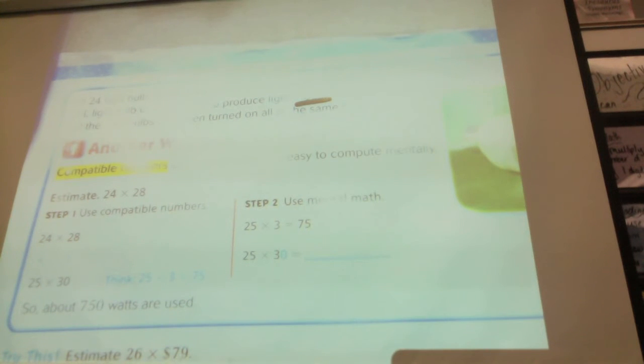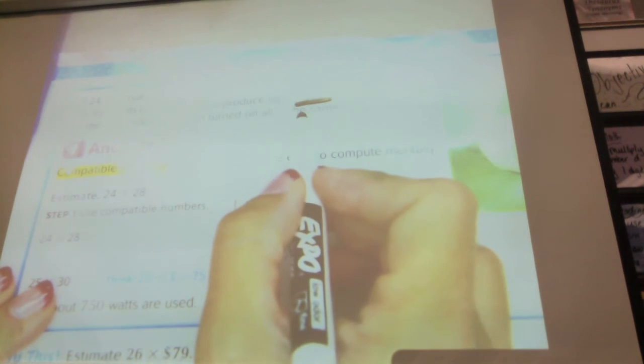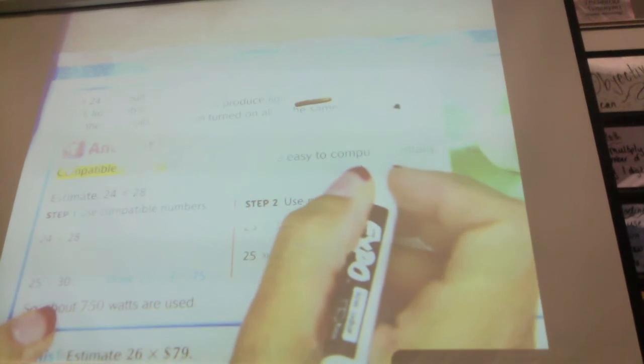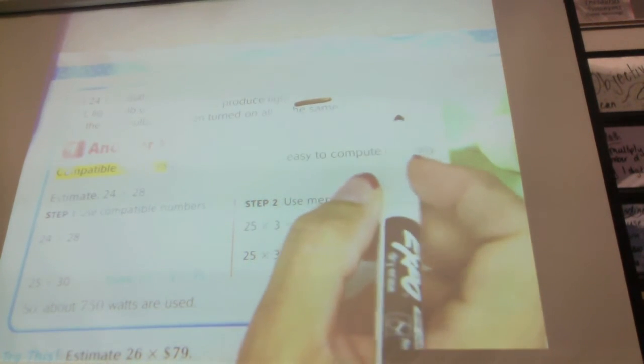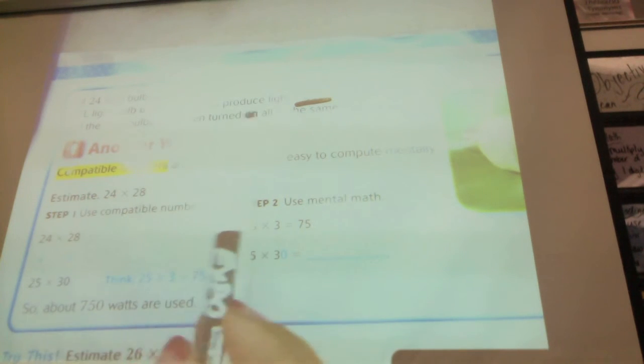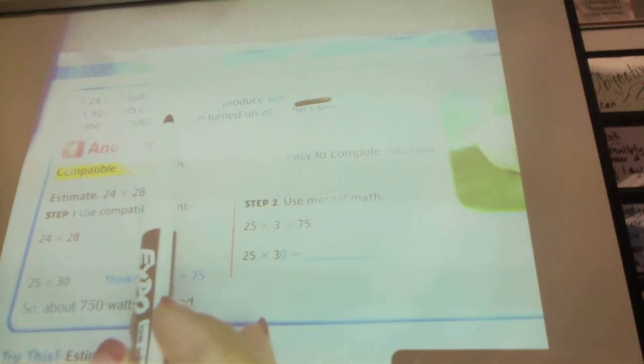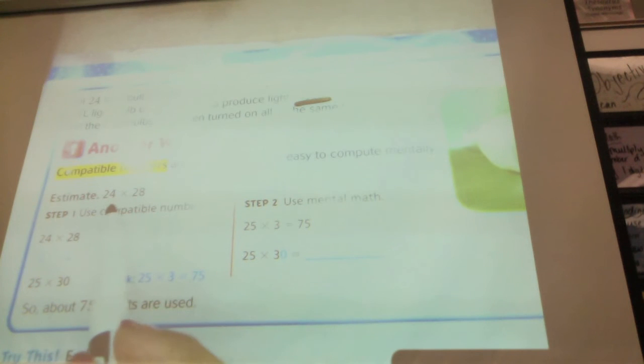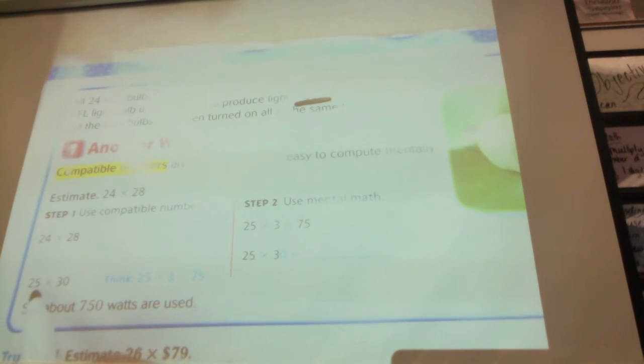So we were using an estimate because our word problem said about how many watts will the light bulbs use when turned on at the same time. So we were rounding. There was 24 light bulbs. They were 28 watts each, and we were rounding each of those numbers to a friendly or a compatible number to multiply with.